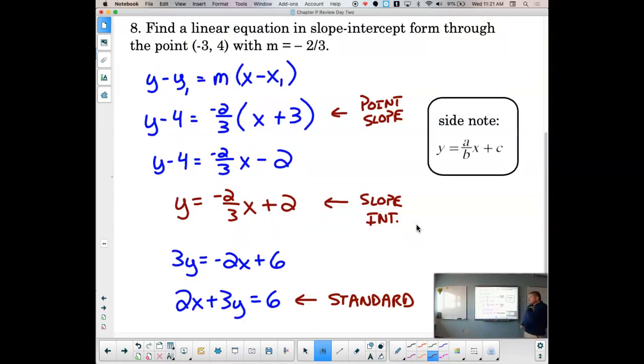Now, I will tell you that if we had a question like this on the test and we asked for the slope-intercept form of a line, because of the way that the fill-in-the-blank type things work, we would ask for A, B, and C in there.